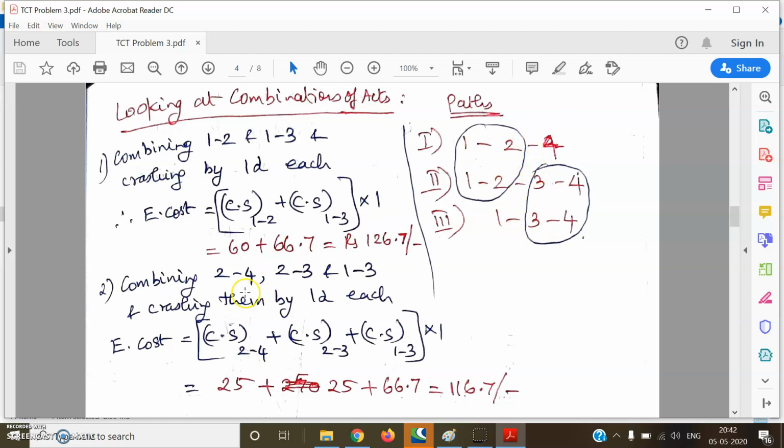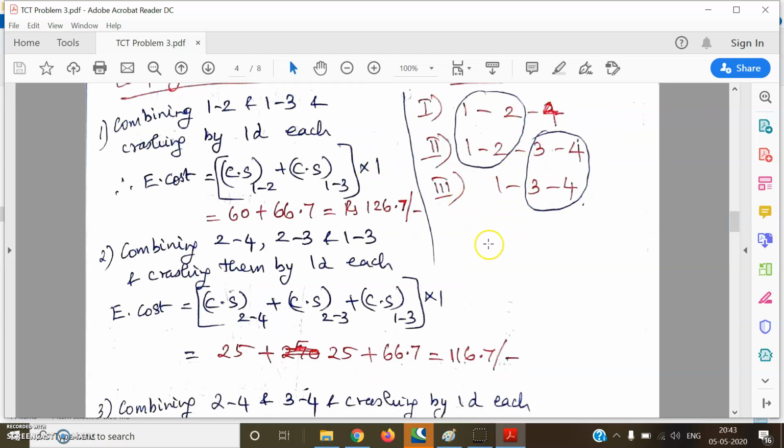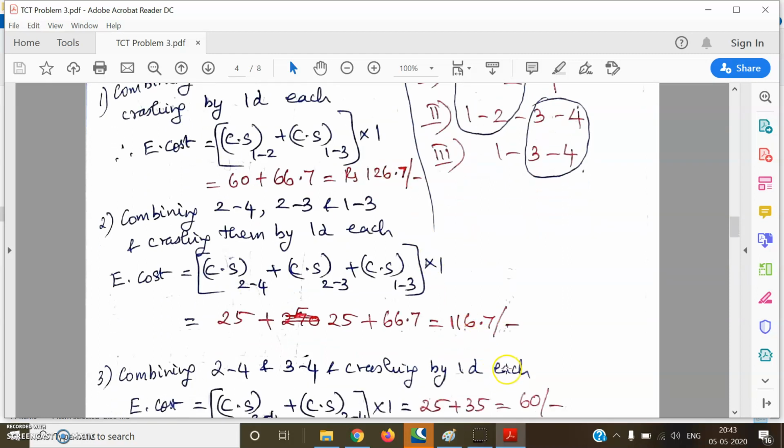In the second combination, each of the activities is unique. Instead of 1, 2, if I take 2, 4, I will have to take 2, 3 along the second path and 1, 3 along the third path. So 3 activities are coming, each of them unique, and each will have to be crashed by 1 day, because in the first combination we crashed each by 1 day. For that we are incurring an extra cost of 116.7 rupees.